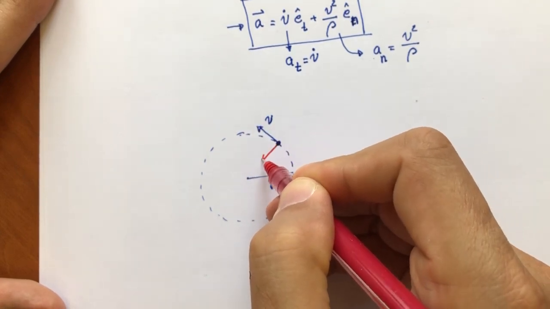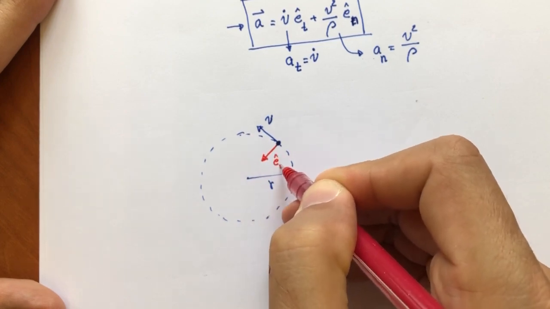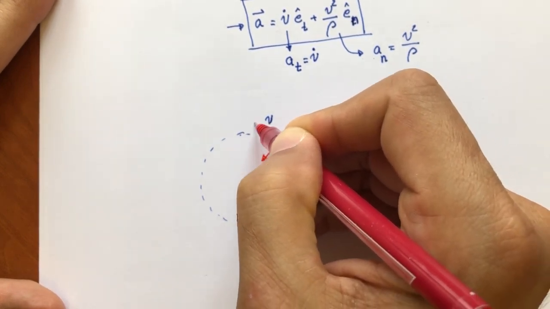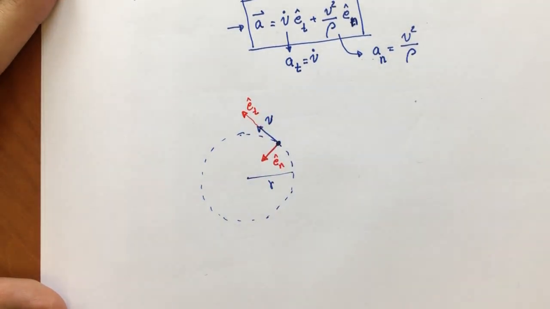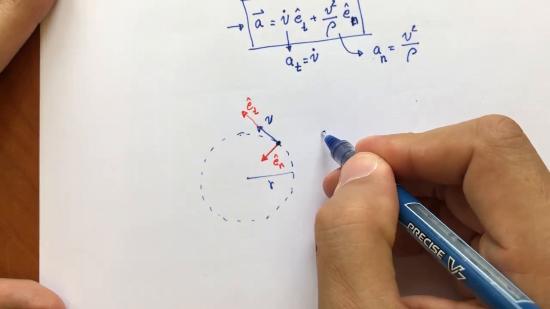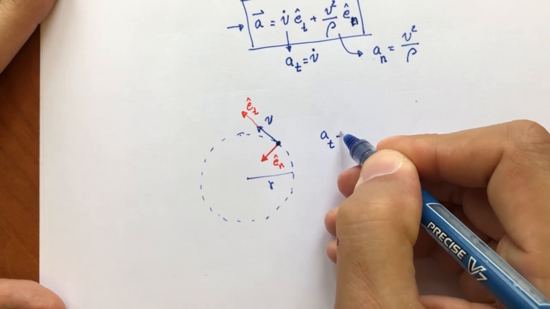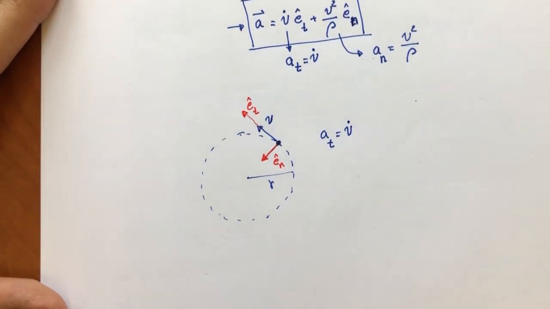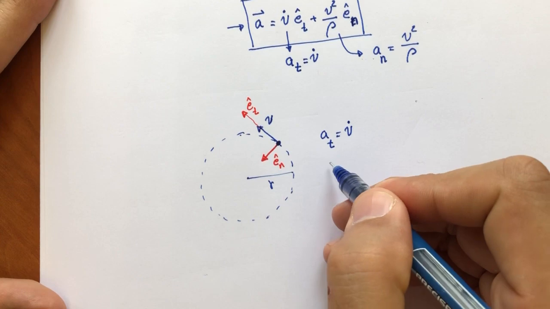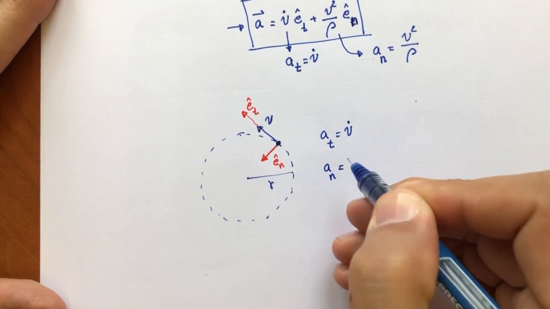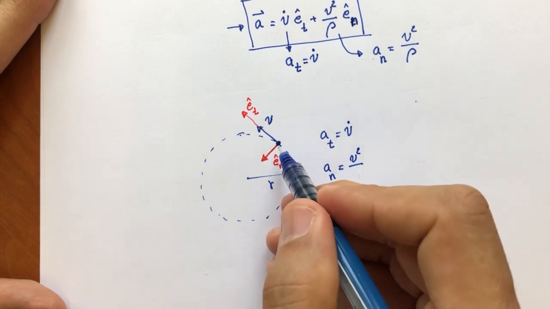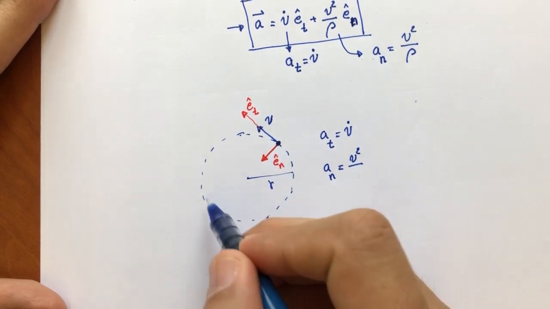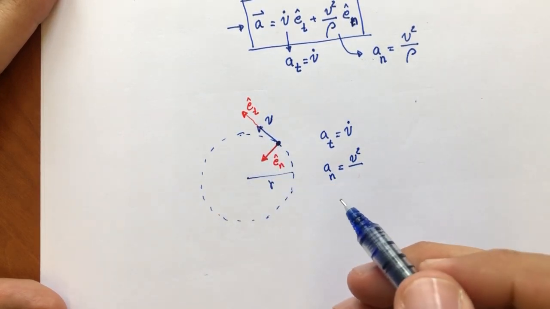The normal direction is going to be this, toward the center, and the tangential direction is going to be this. Acceleration in the tangential direction for this particle is v dot, and acceleration in the normal direction is going to be equal to velocity squared divided by rho, the radius of curvature, which for a circle is r all the time.